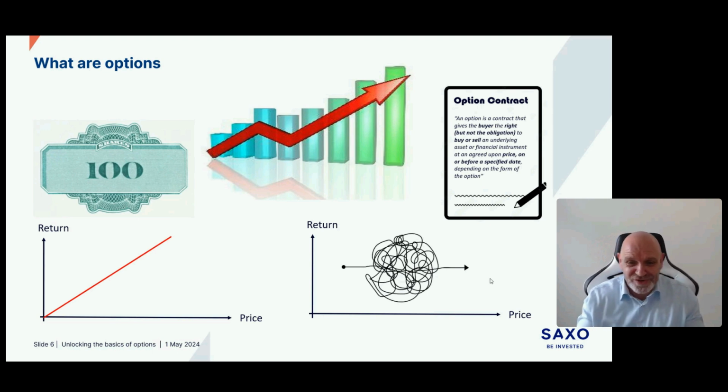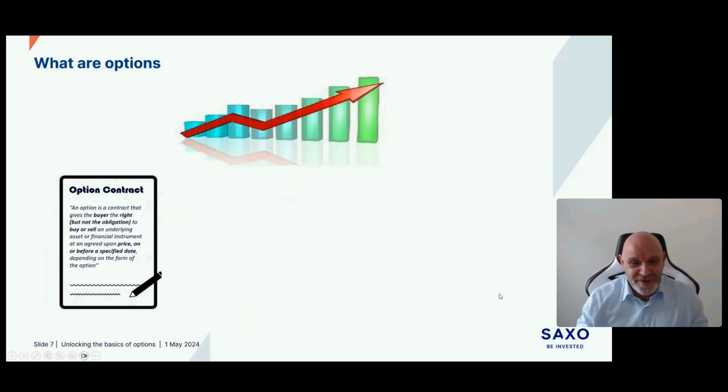You can buy a call option to speculate that the price of the underlying goes up, but at the same time you could sell, for example, a put, and in combination you have countless combinations which all lead to something spaghetti-wise, as you see here on the graph. And of course, your first reaction will be, why would I do that? Well, we'll cover that in a couple of minutes.